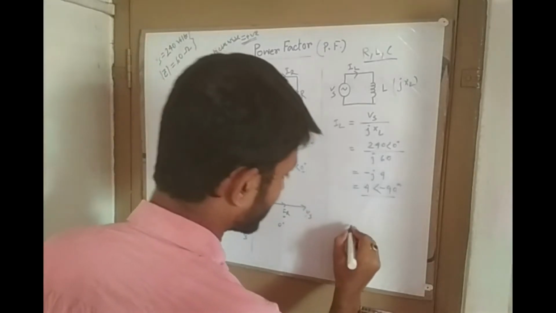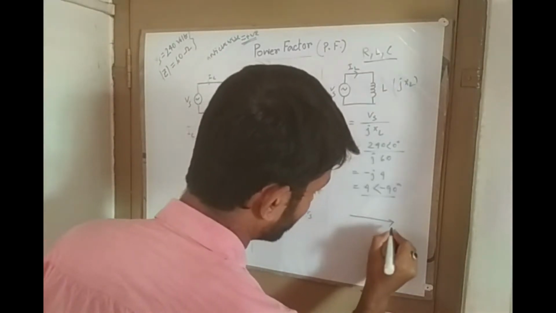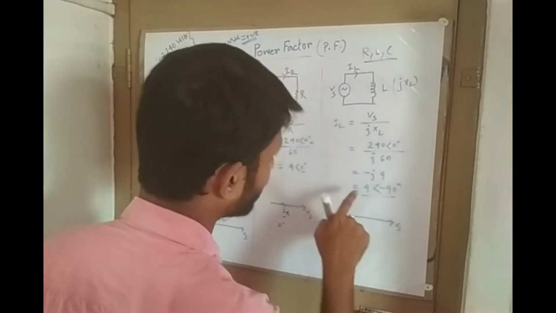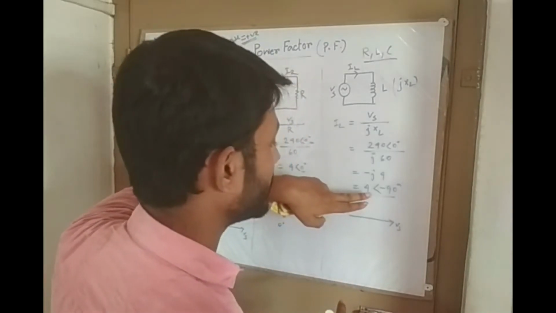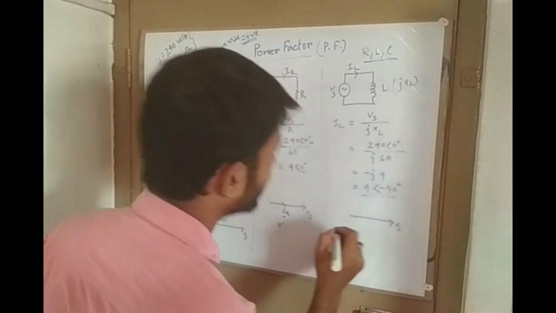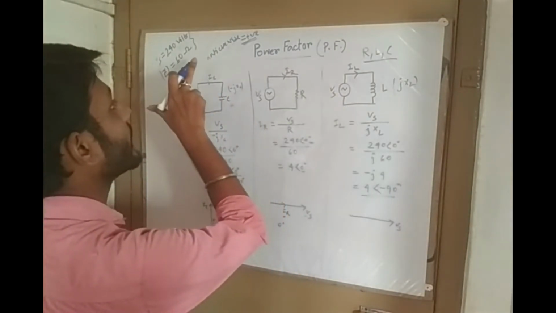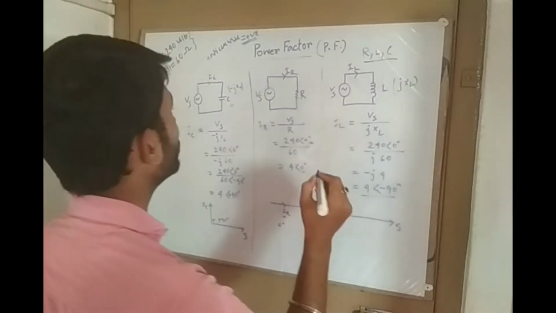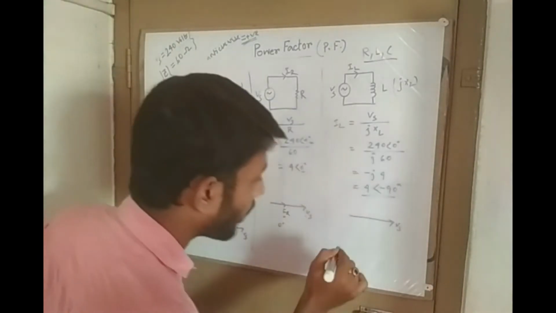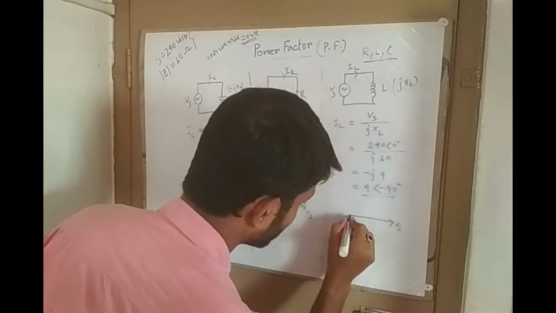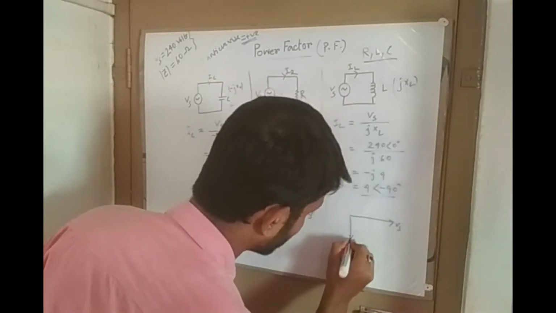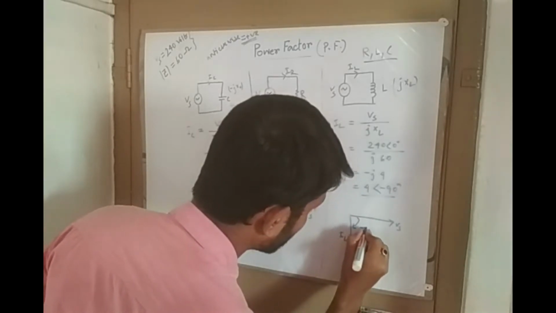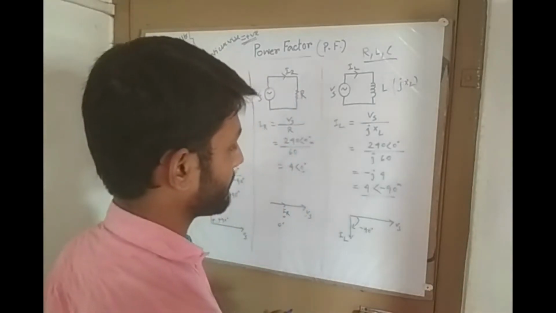So here Vs is 240 magnitude and angle is 0 degree, that is the reference line, and IL in magnitude is 4 but the angle is minus 90. As we have taken anti-clockwise angle as positive, the negative angle will be in the clockwise direction. Minus 90 degree.